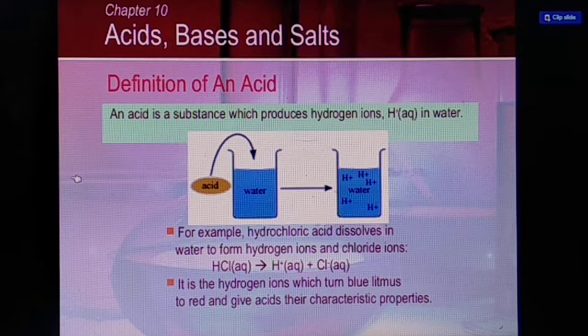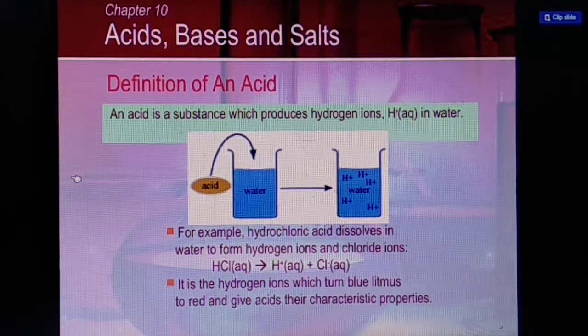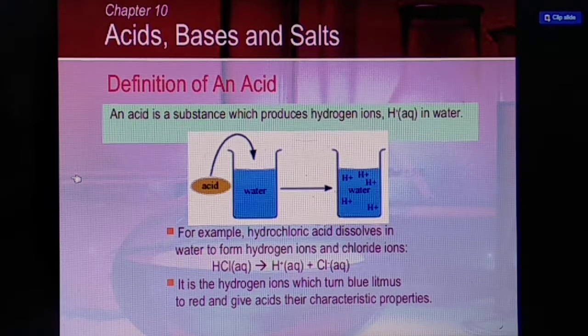It means HCl reacts with water and forms H3O+ and Cl-. But if you write HCl aqueous, you have to write the products as H+ aqueous plus Cl- aqueous. It is the hydrogen ions which turn blue litmus to red and give acids their characteristic properties.